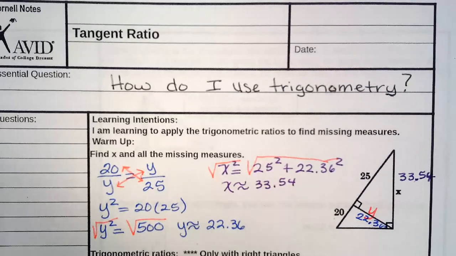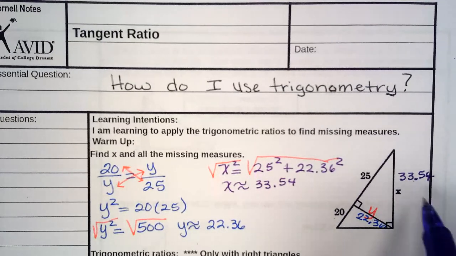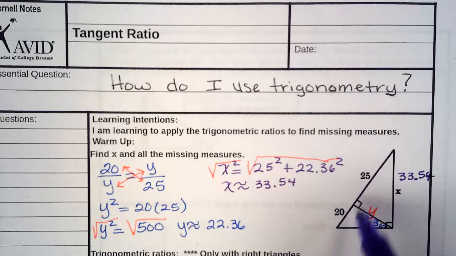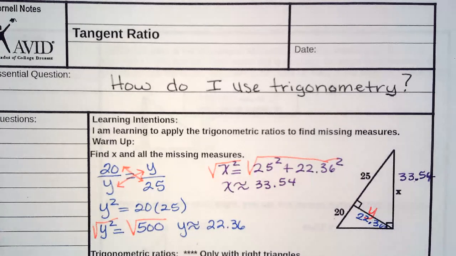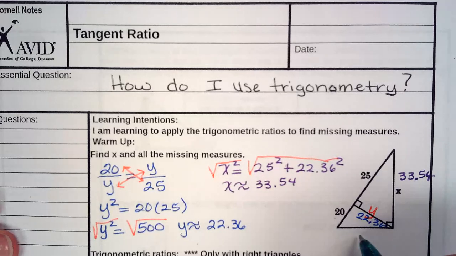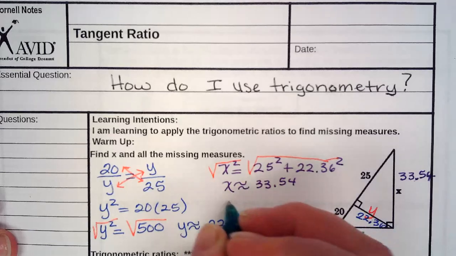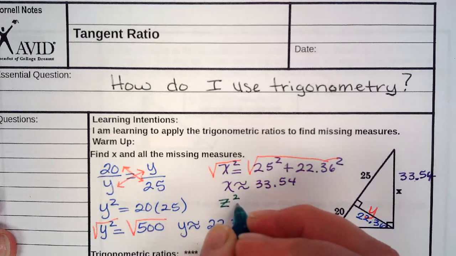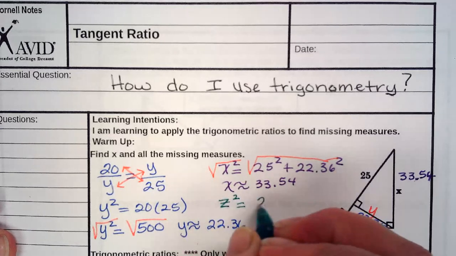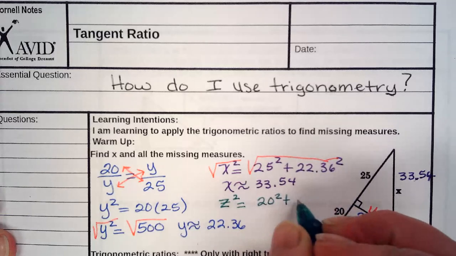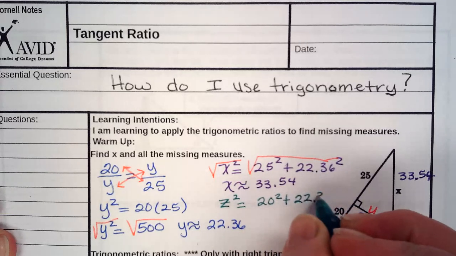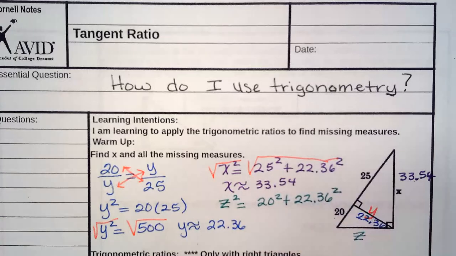Move that over a little bit. So, I can use that big triangle, or I can use the smaller triangle. I'm looking for the hypotenuse here, so I think I'll use the smaller triangle. So, if I call this z, then z squared will be equal to 20 squared plus 22.36 squared.